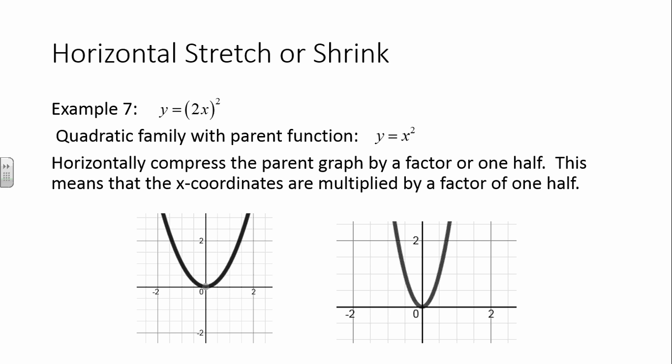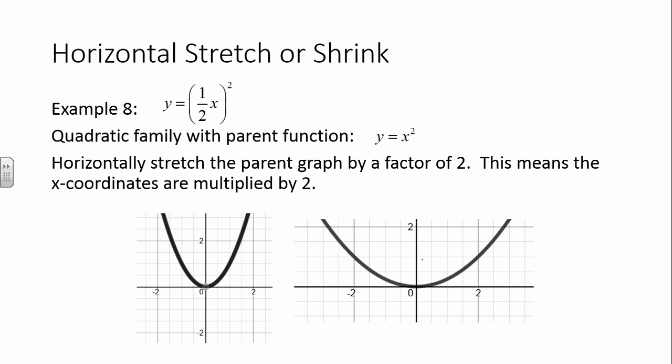The way it's written, y equals (2x) quantity squared, the 2 right in front of the x is a horizontal compression of a half. But if you were to multiply it out, y equals 4x squared, the 4 then would become a vertical stretch factor of 4. And whether you do a horizontal compression factor of 2 or a vertical stretch factor of 4, it comes out the same. They look identical.